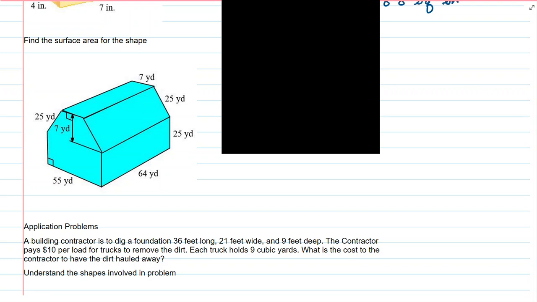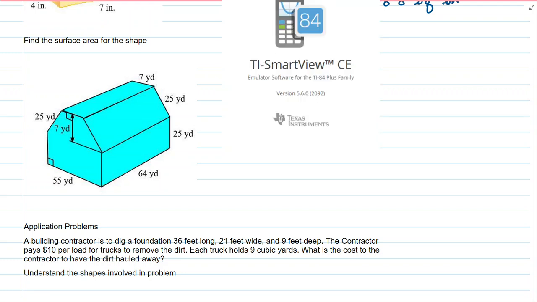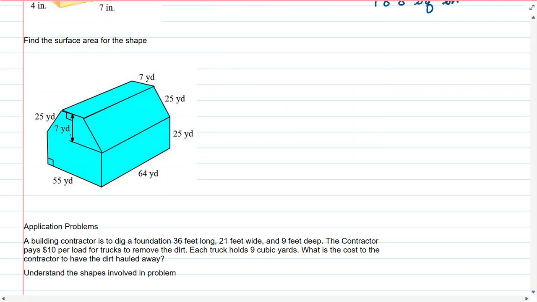We have a trapezoid right here, and then we have a rectangle here. Okay, so these lengths are 64, 64, and this width is 55. The height is 25. So right here we have two side rectangles.